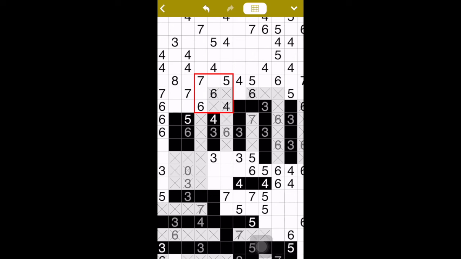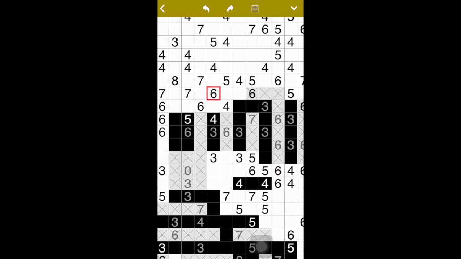So that's not possible. The most number of gray spaces I could have is 3. So that means one of them has to be a black space. It's a must that one of the black spaces will be in one of the 4 spaces here.